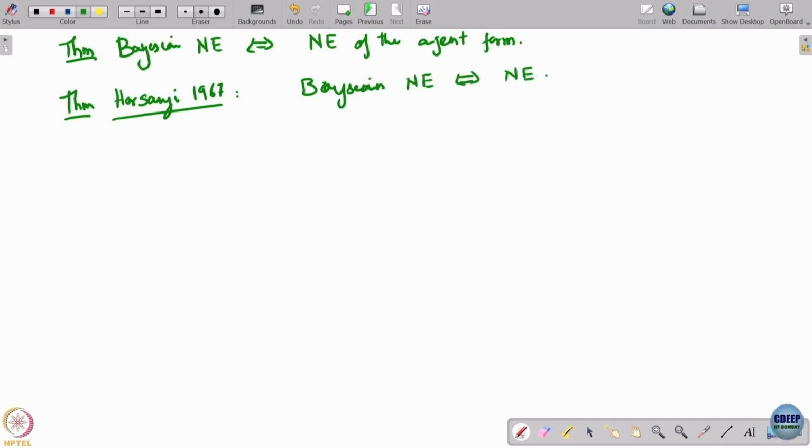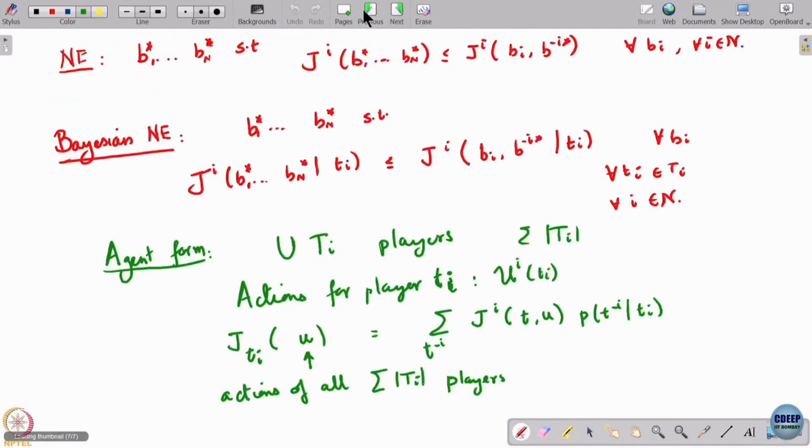So the Nash equilibrium that we defined, where strategies were chosen at the start of the game, is equivalent to this, where strategies are being chosen after the types get realized. Okay, all right.